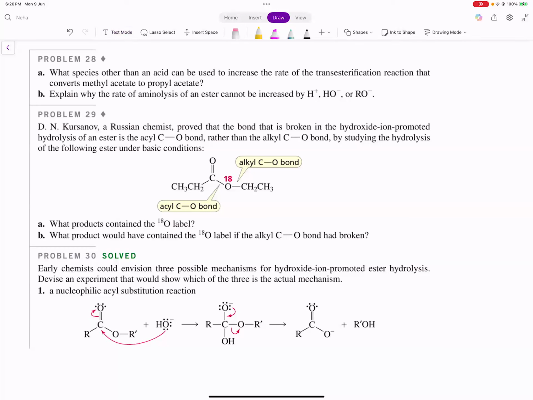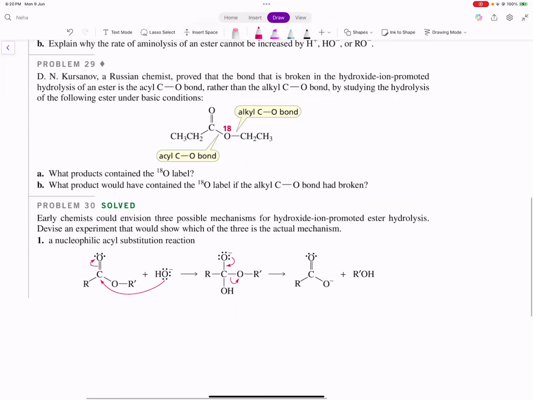Explain why the rate of aminolysis of an ester cannot be increased by H plus, HO minus or RO minus. So this is homework. Now this is a very nice thing. Problem 29, just read this, and then 30 is solved. 29, I want you to do.